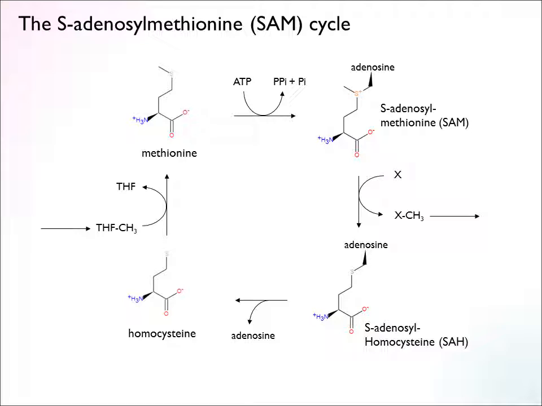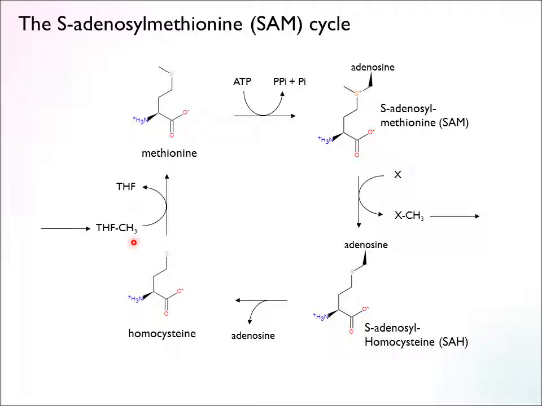The other major metabolic system is the S-adenosyl methionine, or SAM, cycle. So this is the part of 1-carbon metabolism that handles methylation. This is the major methylation donor in mammalian cells. And you might say this is downstream of folate in some sense.